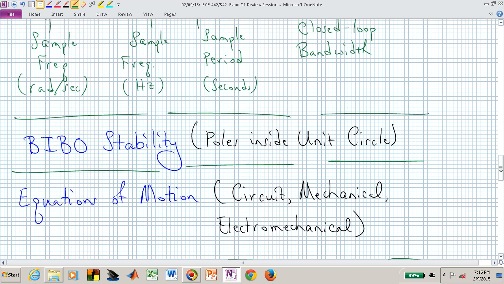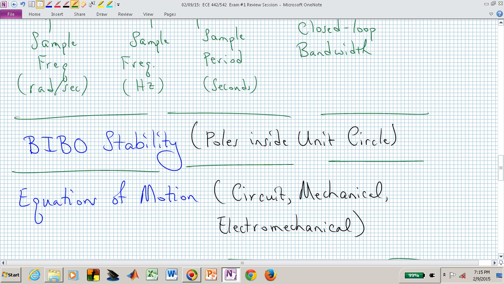If I give you a question on the exam and I say, is this system, or is this difference equation, or is this block diagram, bounded input, bounded output stable, then you have to go from a difference equation to finding the poles or the roots of the characteristic equation. And then you'll find those, and you'll only hopefully need to factor a quadratic.